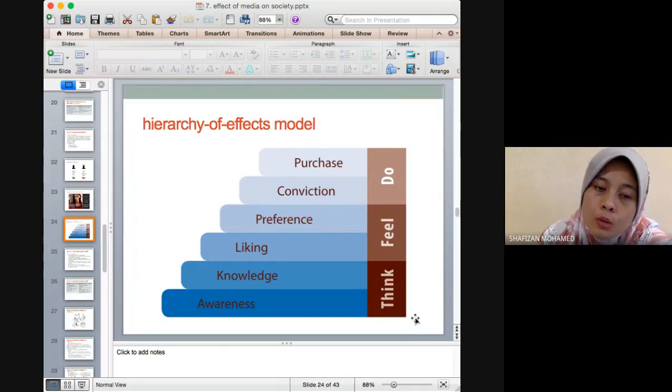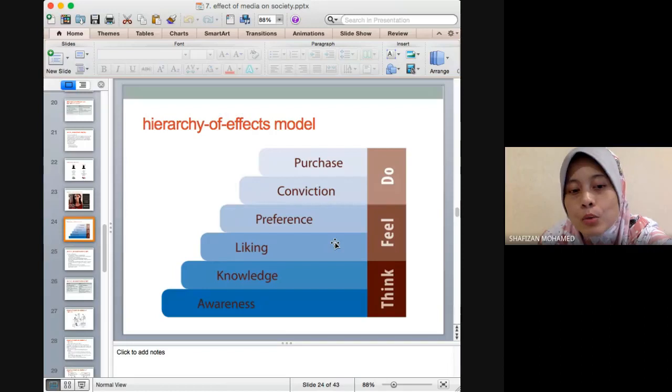When you want to persuade or market a product, you must first trigger the cognitive part. When people think about it, you must also give more information so that people can start to decide on whether they like or do not like a particular product before they will actually buy the product.